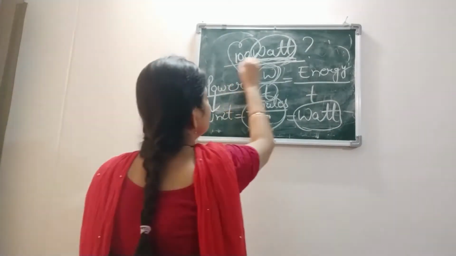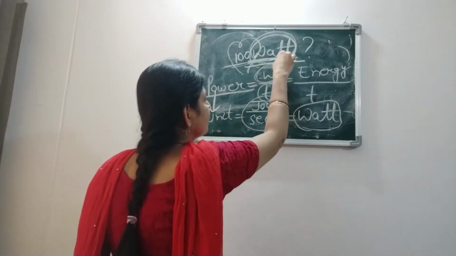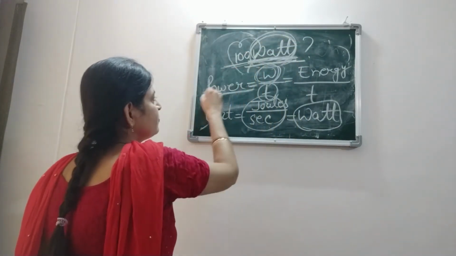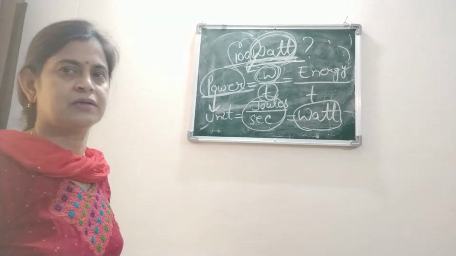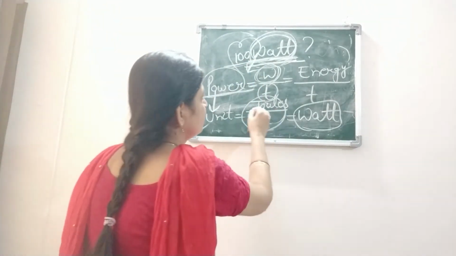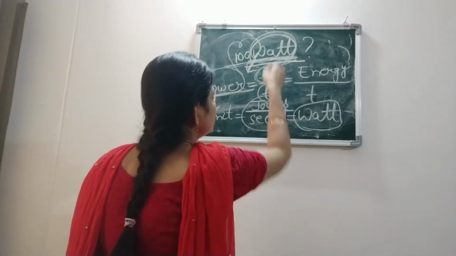So if it is written like this, 100 watt means the power of the bulb is 100 watt, or in other words you can find out what will be the energy of the bulb.